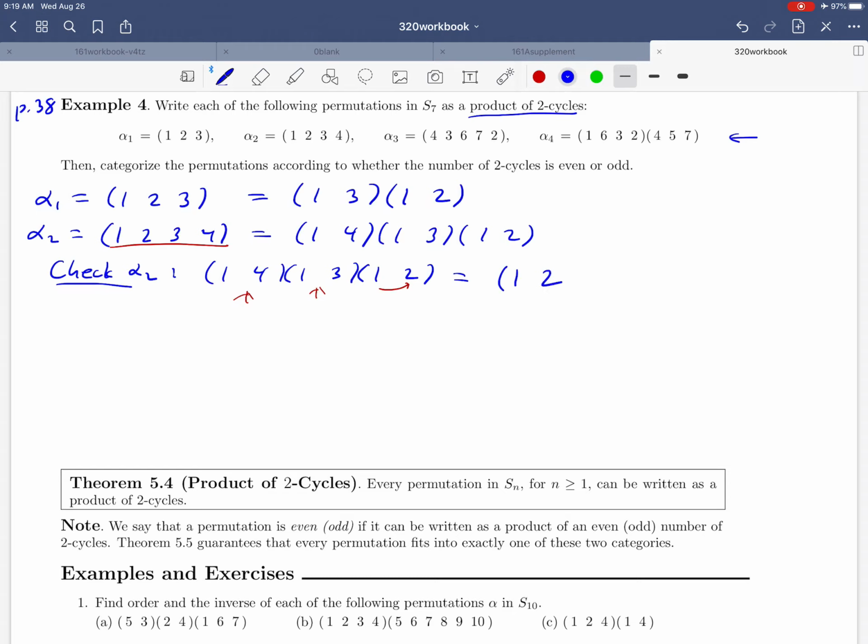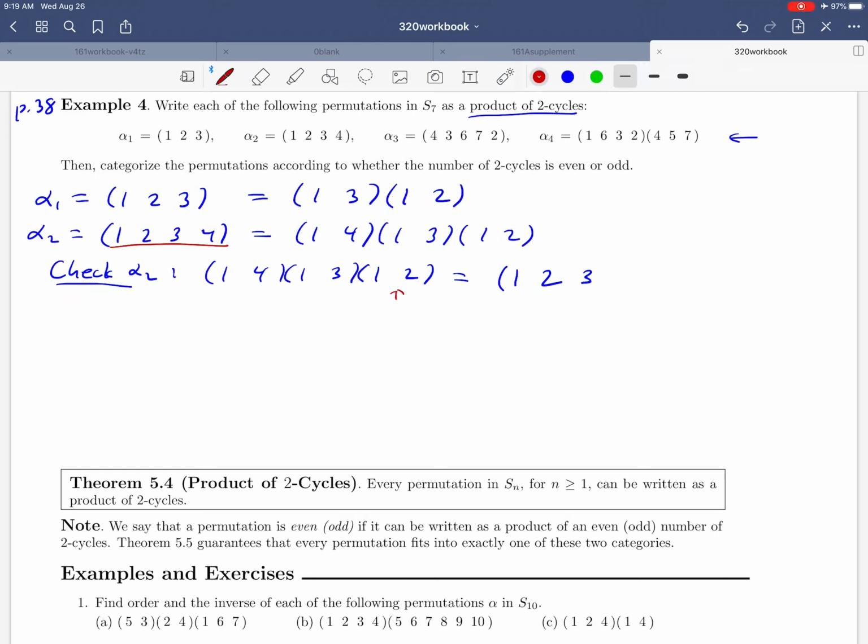Then next, where does 2 go? 2 wraps around back to 1, and 1 goes to 3, and there is no 3 here, so 2 goes to 3. And then finally, check and see where 3 goes.